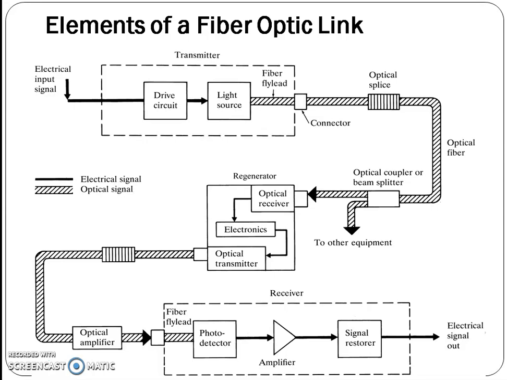Generally, regenerators do double conversion, first converting the optical signal to an electrical signal, and then converting the electrical signal back to an optical signal. Then we have fiber to carry the optical signal. Then at the end we have the receiver, which is used to convert the optical signal into an electrical signal by using photodetector, amplifier, and signal restorer circuits.